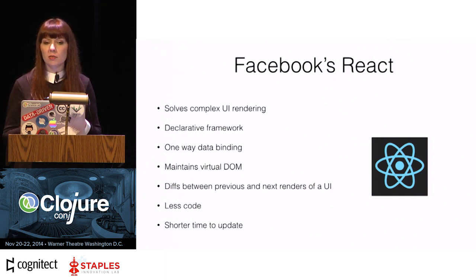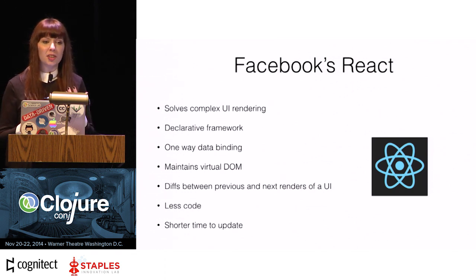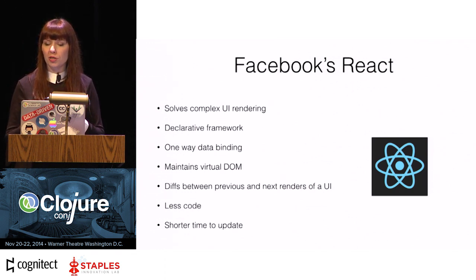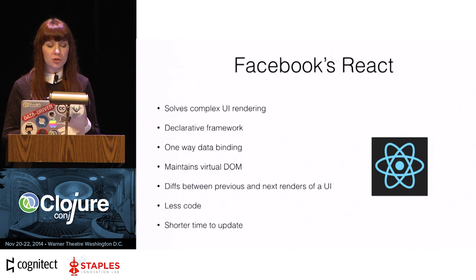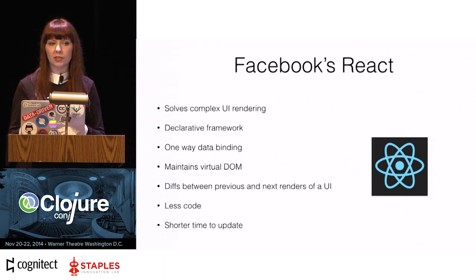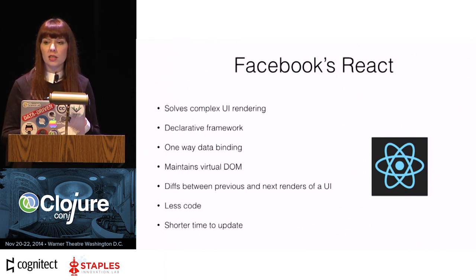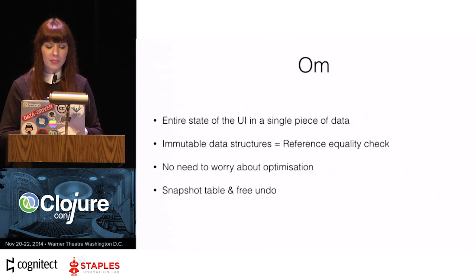React does a serious performance optimization where it recursively diffs between the previous and the next UI renders, and determines the minimal set of operations to execute, like add element, remove element. Because most UI changes result in very small DOM alterations, this results in a very fast UI, even if it's a very complex UI. And we produce much less code, and our components update faster.